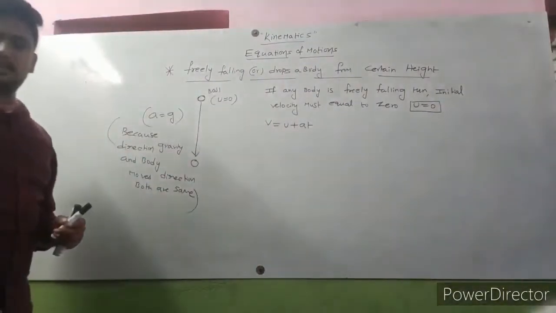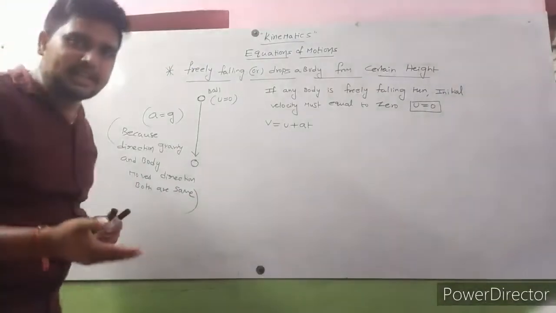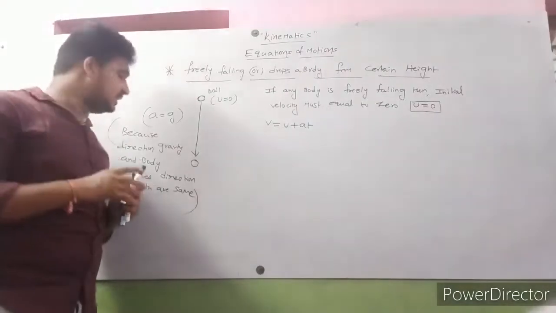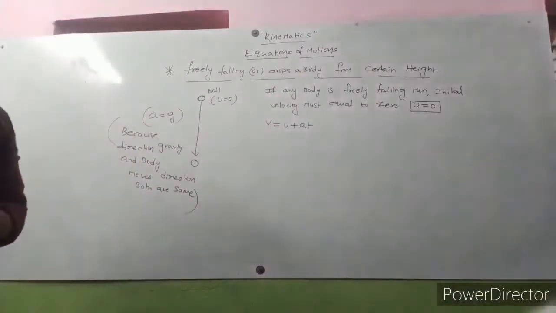Here both are downward only. That's why here we consider a is equal to g.